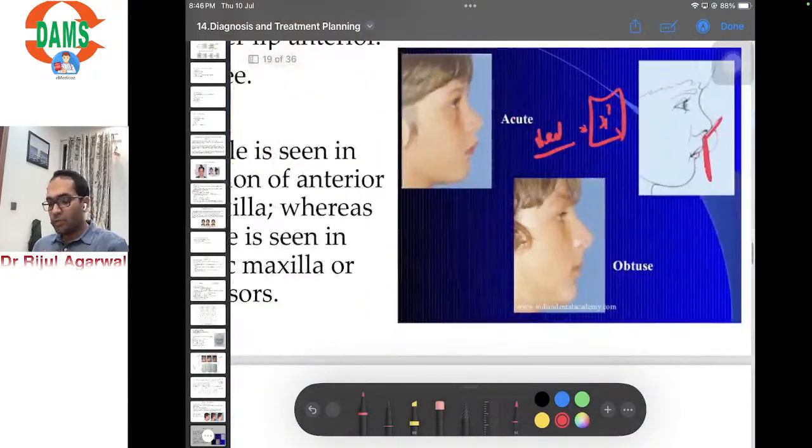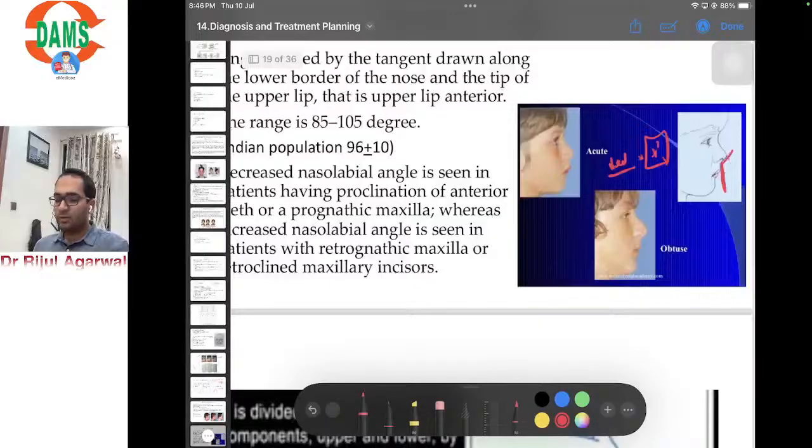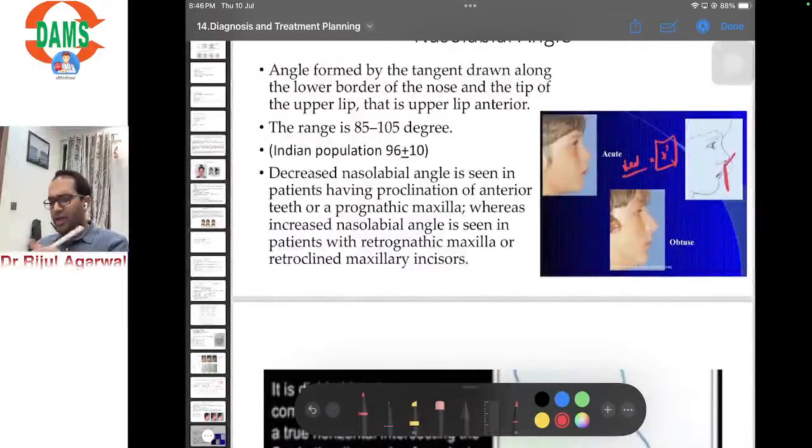I hope this is important for the exam. The range and value, of course, become secondarily important in the current application-based scenario exams. What is important is this: decrease or acute.